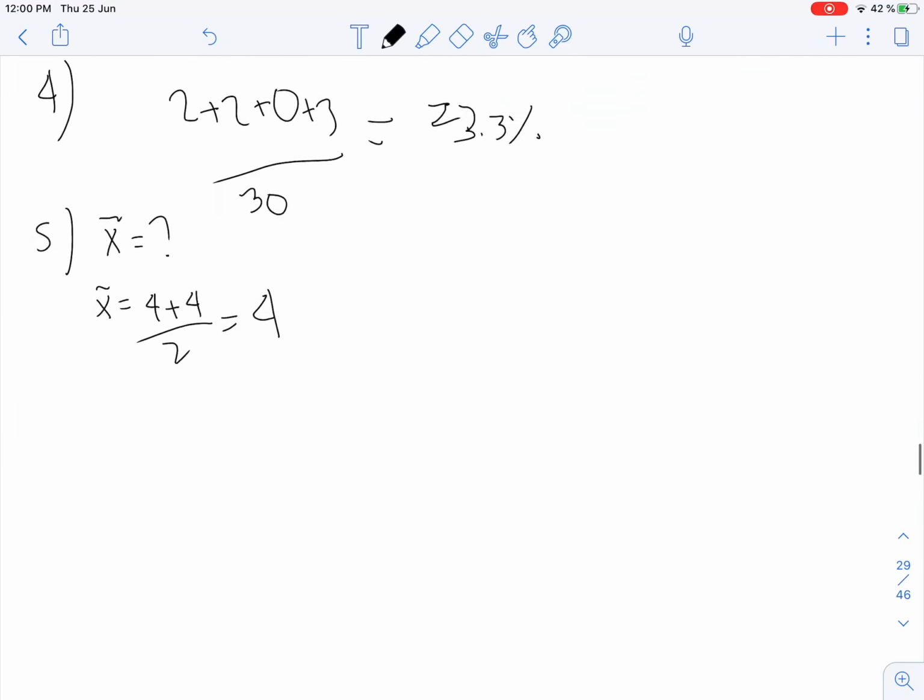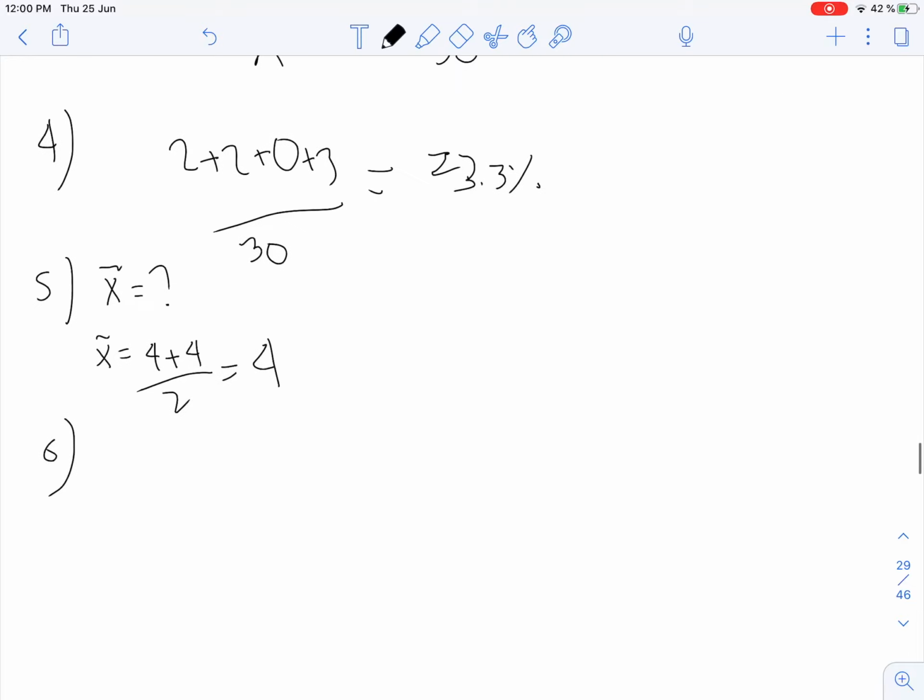Now, for the last one, to find the 8th decile, the first step will be to compute the position of the decile. So it's 8 times n plus 1, that's 31, divided by 10. That will give you the position.